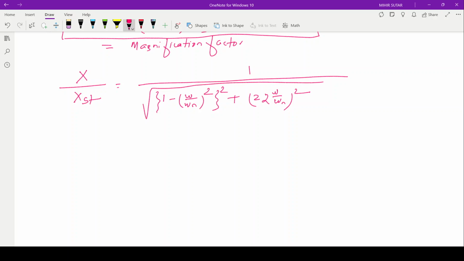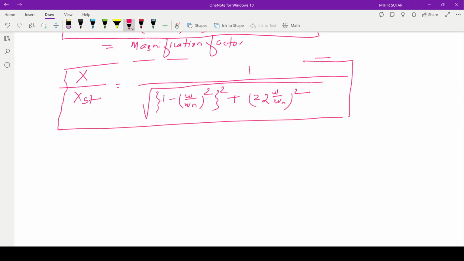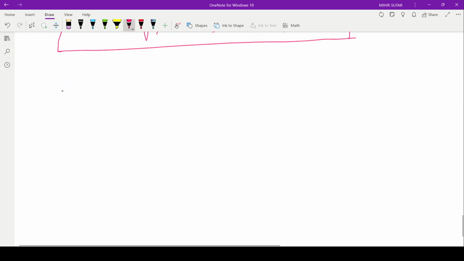Okay, and at resonance your omega is equal to omega n, so this ratio x by x st will be basically 1 by 2 zeta.